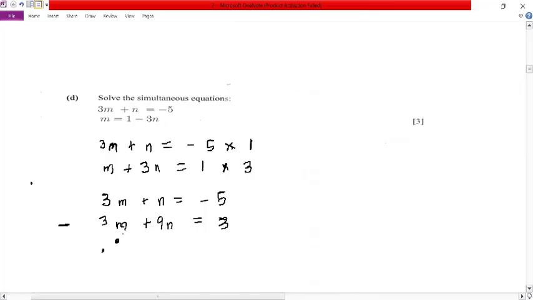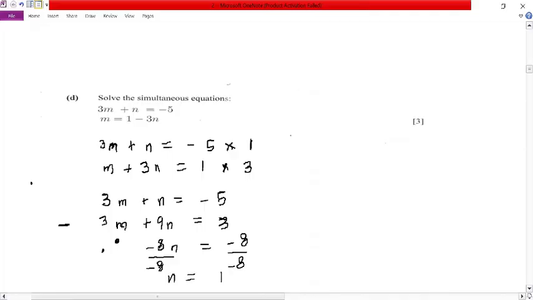We just put a dot. n minus 9n, we get minus 8n. And then minus 5 minus 3, we get minus 8. Then we divide both sides with minus 8. Then we get our n is 1.